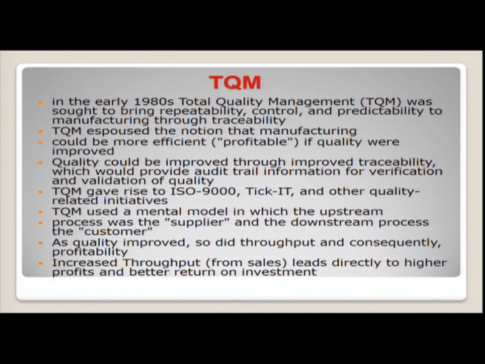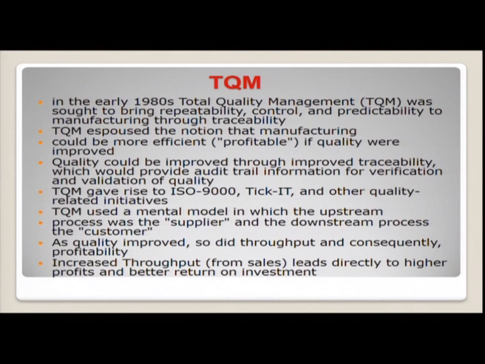Quality could be improved through improved traceability, which would provide audit trail information for verification and validation of quality. Total quality management gave rise to the standard called ISO 9000, which many companies follow nowadays, along with TickIT and other quality related initiatives.